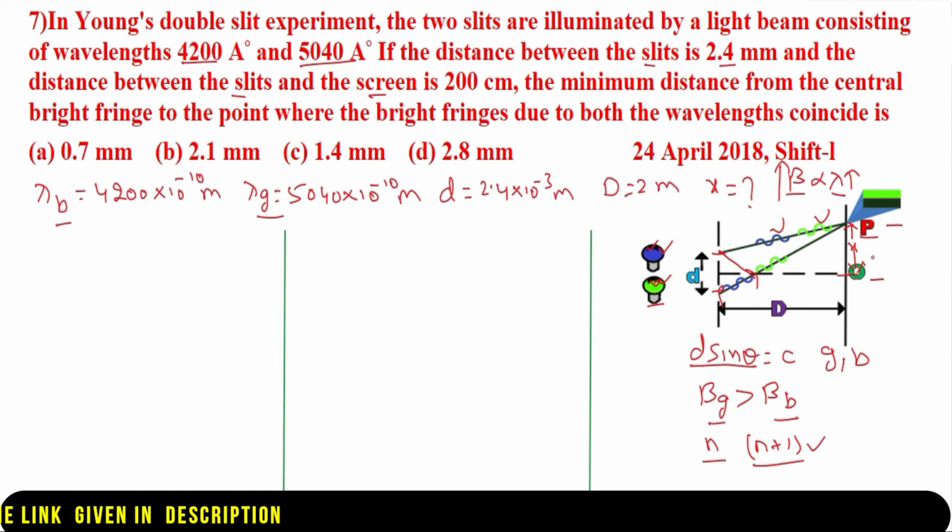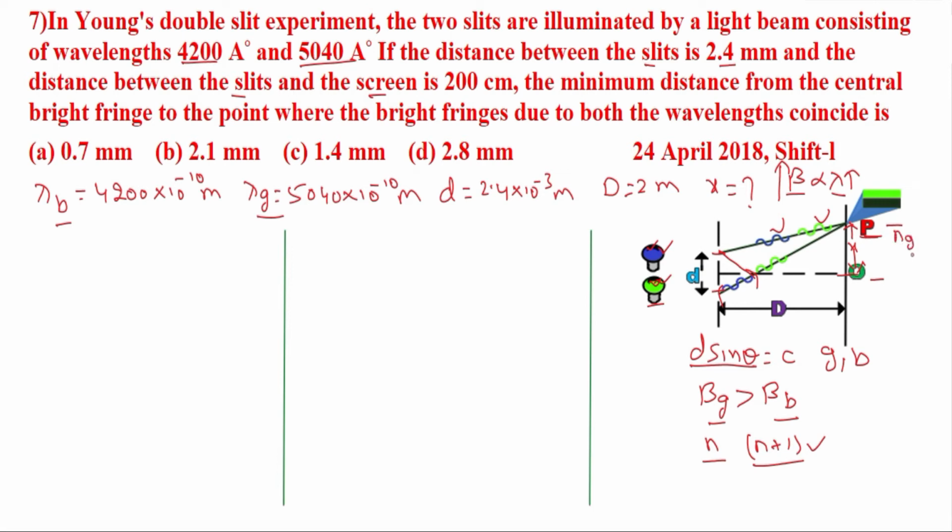Now P is the point where I have my nth green bright fringe and the n plus 1 blue bright fringe, and their path difference is constant.